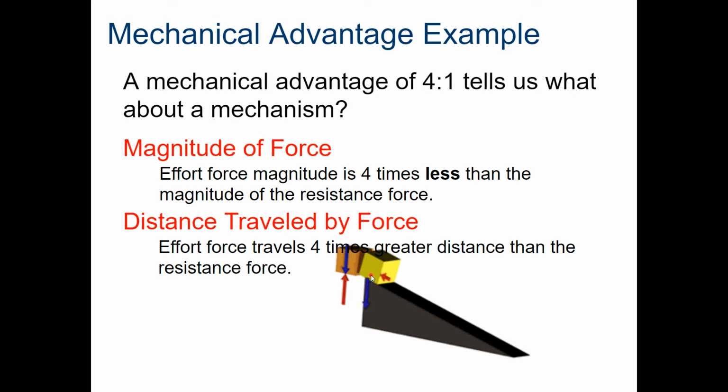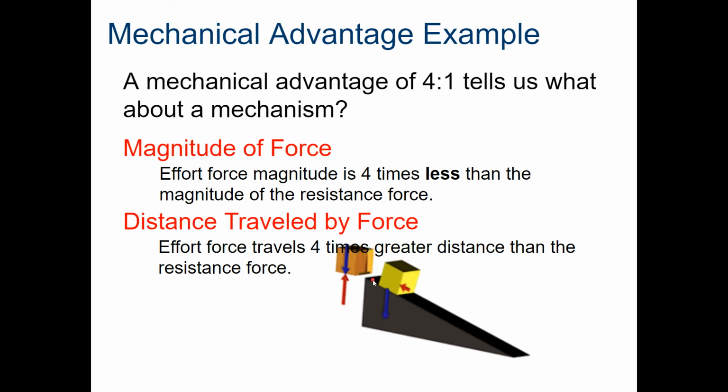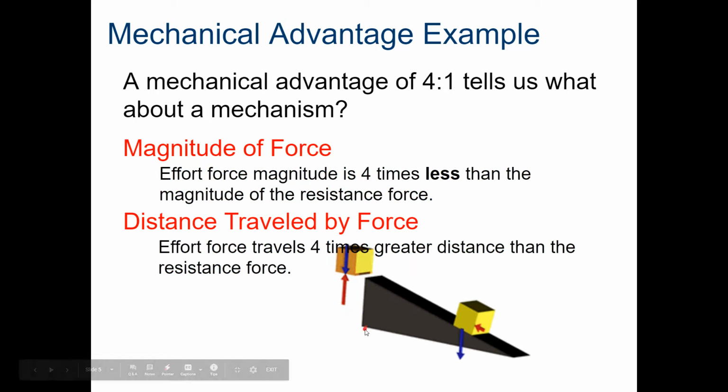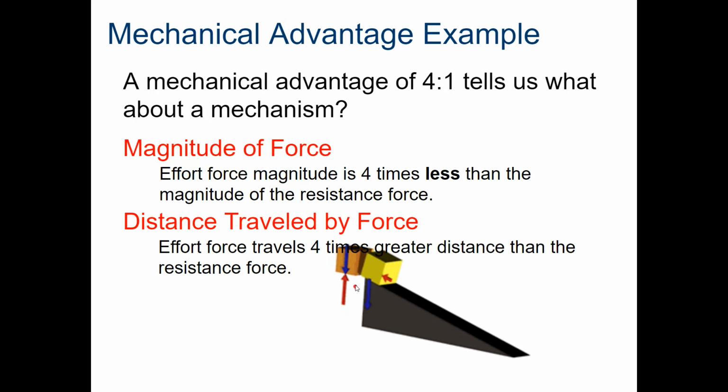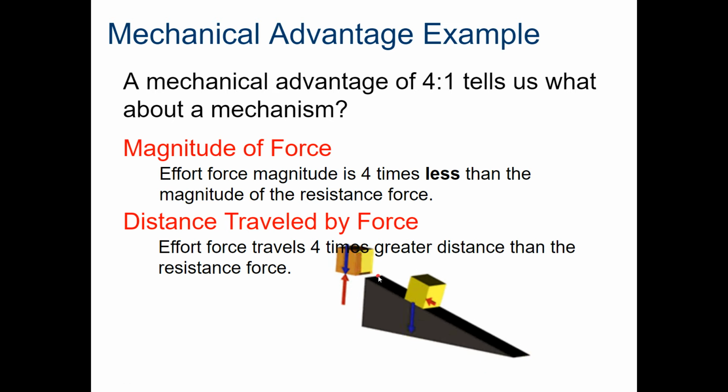It's 4 times greater than the resistance. The resistance, as I stated at the beginning of the slide, is only going up this much. So if the effort is pushing that up 20 feet, the resistance is only going 5. The effort force travels 4 times greater of a distance.